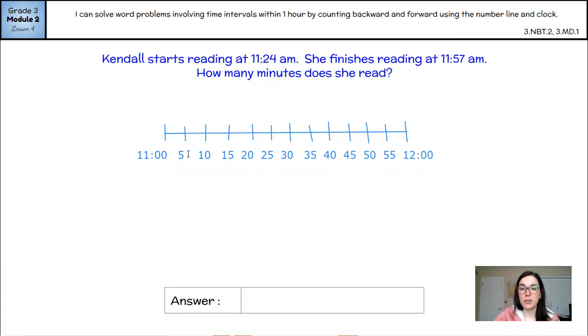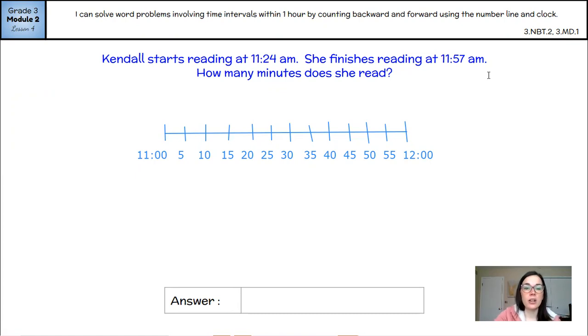And I have already created the number line here just because it's a little bit time consuming on the computer, and I don't want to make you sit through me creating it. It goes from 11 o'clock to 12 o'clock because that's 1 hour, right? And I know that 11:24 and 11:57 both come in between those 2 hours.